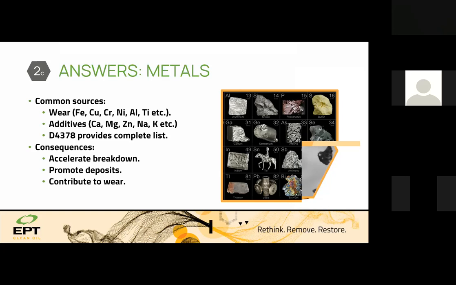As I said, automatic algorithms of some software with commercial labs give you recommendations, but it is better to go to the ASTM D4378. There is a complete list of all of the elements with their possible sources. So no need to memorize this, whatever is written in the standard. Myself also, I am looking into the standard.